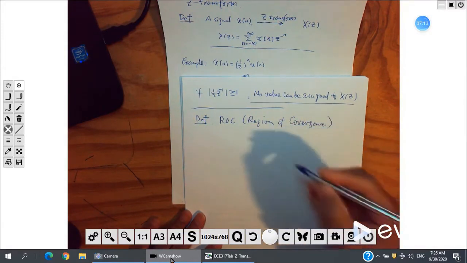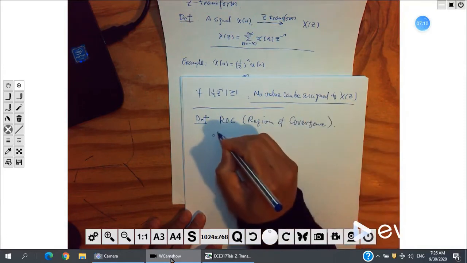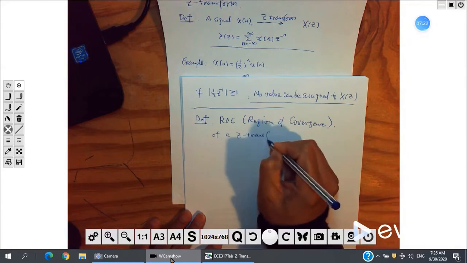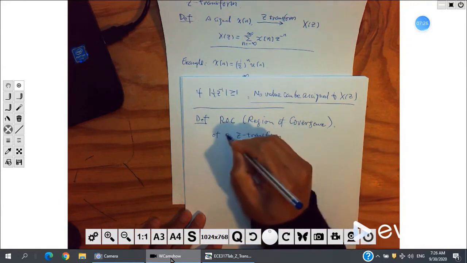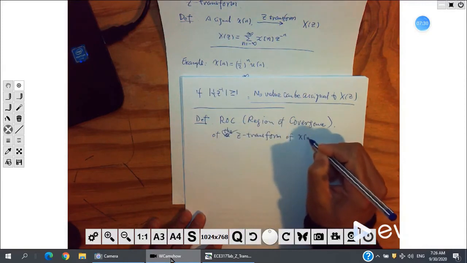Region of convergence, RC, of the z transform of x of n.